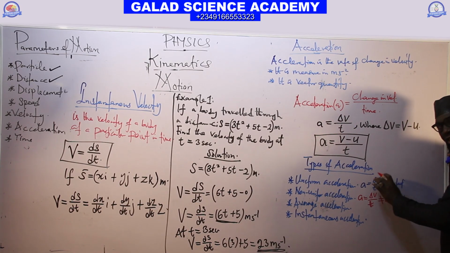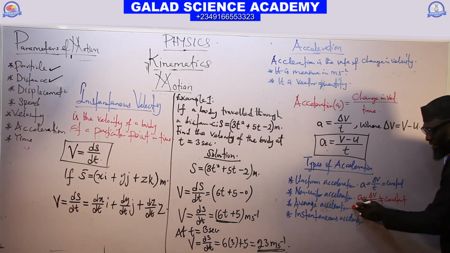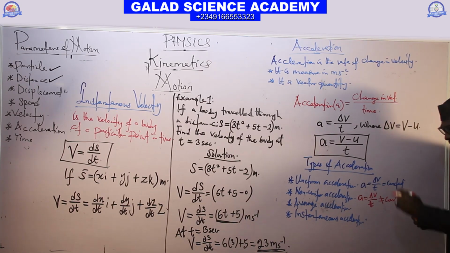When the change of velocity with time is constant, uniform acceleration. When it's not constant, non-uniform acceleration.